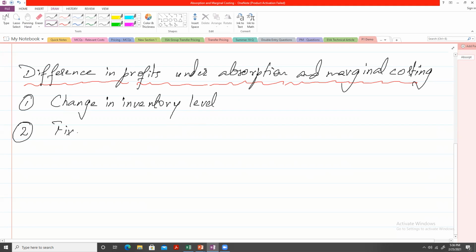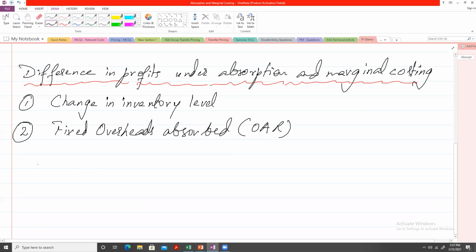fixed overheads absorbed. And these fixed overheads are absorbed according to the overhead absorption rate.